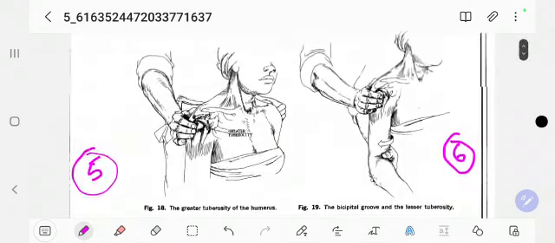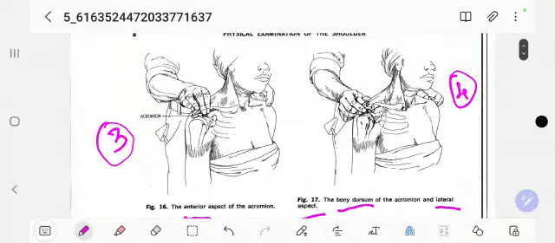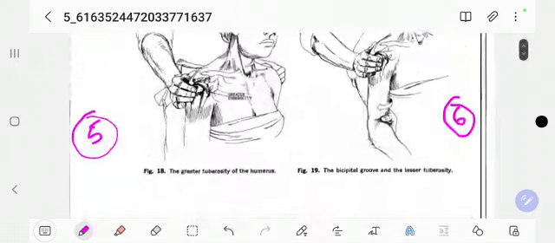So here first we will palpate the anterior aspect of the acromion. We have already palpated the acromioclavicular joint. Lateral to that will be the anterior aspect of the acromion. The bony dorsum of the acromion and lateral aspect also should be palpated in a continuous line.